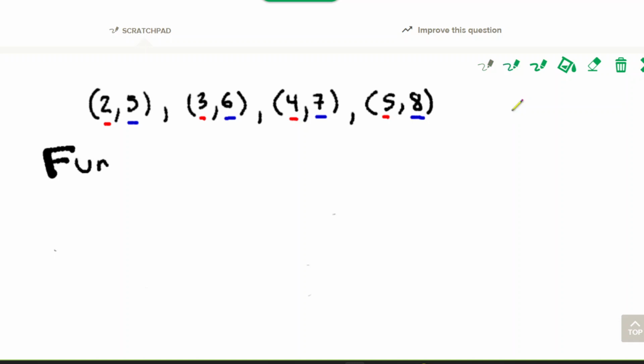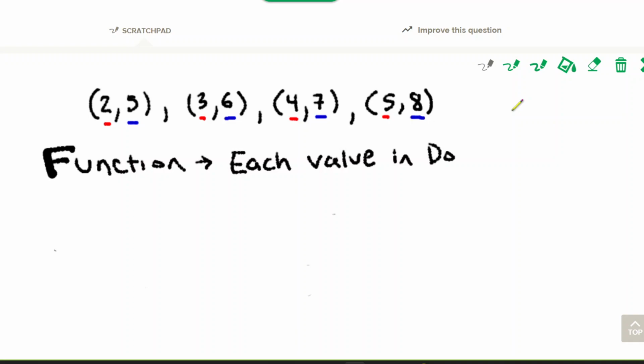So capital F there. So in a function, it's a set of ordered pairs where each domain value, right, each value in the domain is paired with exactly one value of the range.